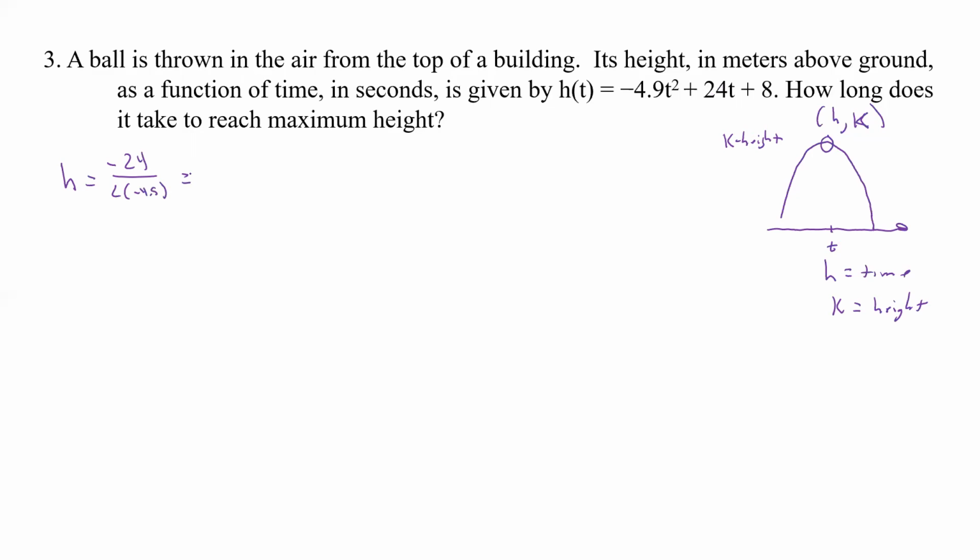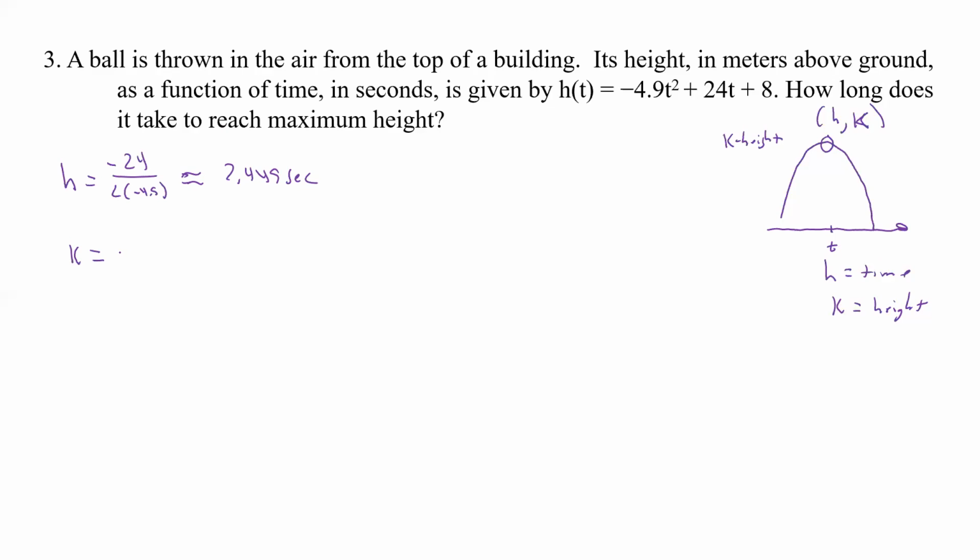If we plug that into our calculator, we get 24 divided by 2 times 4.9, which is 2.44897, and so on. So we're going to say that's approximately 2.449 seconds. Okay, so that's how that works. So that was time. And our height, which is k, is going to be in meters.